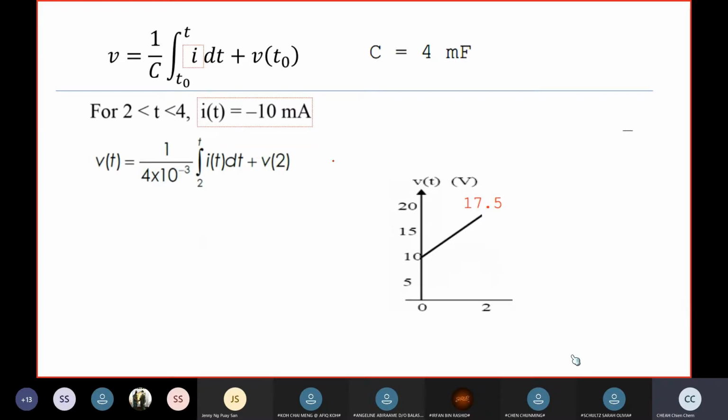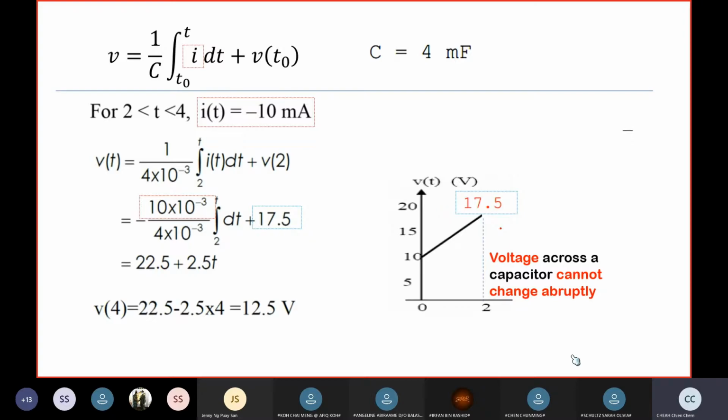Which means that when your current switches to negative 10 milliamperes, this voltage has to start from 17.5. Then you will change according to the current that we have for the next time interval, which is negative 10 milliamperes. Now, negative 10 means what? It will start discharging, correct?